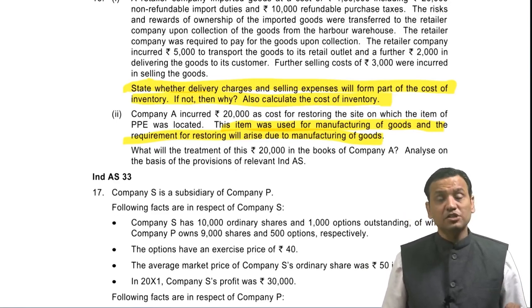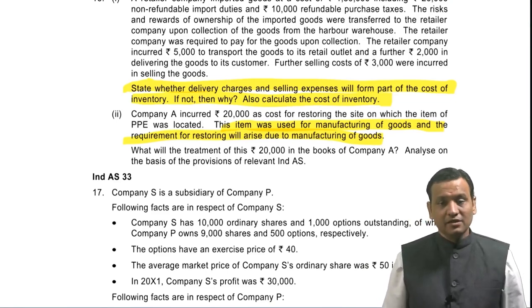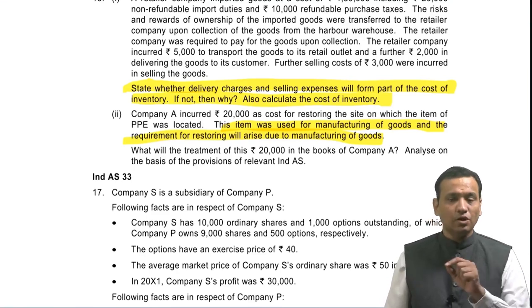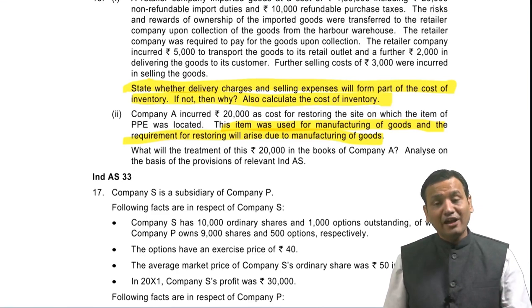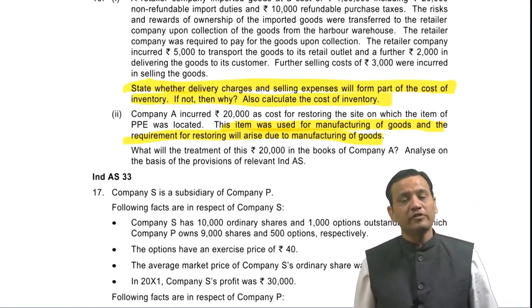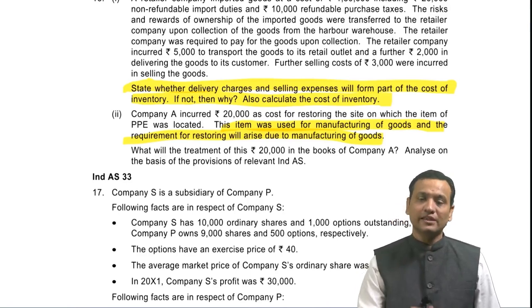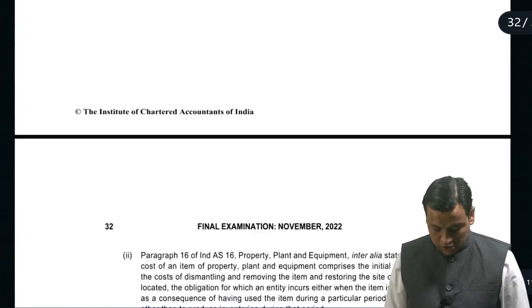This obligation is not arising on account of installation or acquisition of that PPE. This cost of 20,000 of restoring the site is arising on account of manufacturing of goods and not on account of acquisition of our PPE. Hence, this 20,000 has to be expensed off. It will go to profit or loss.